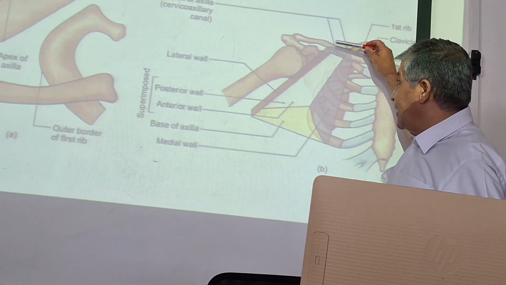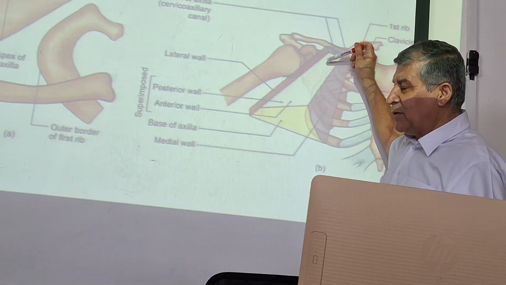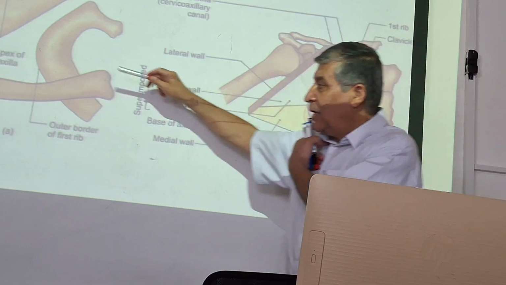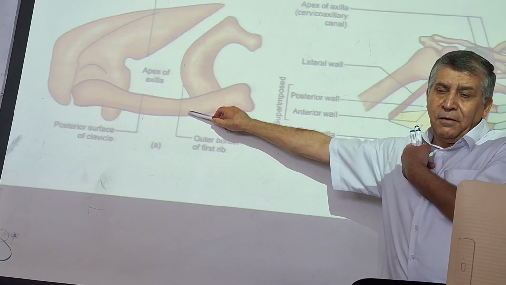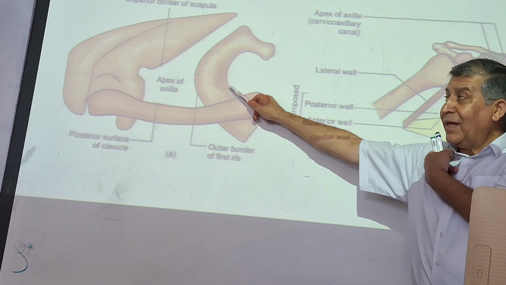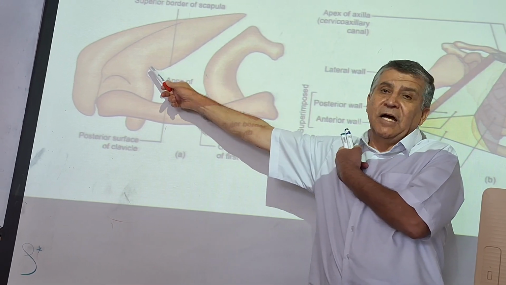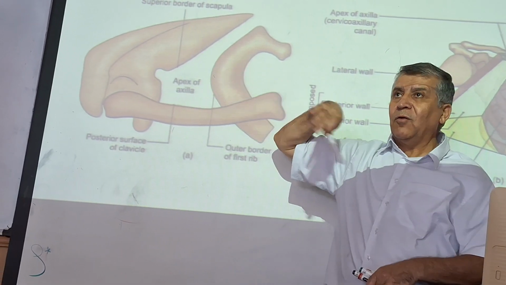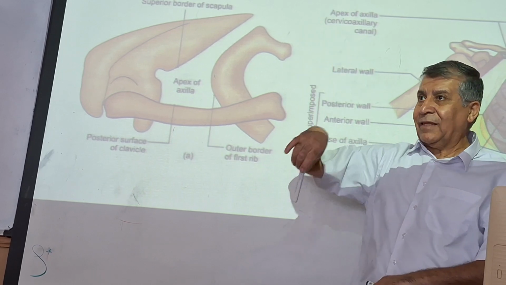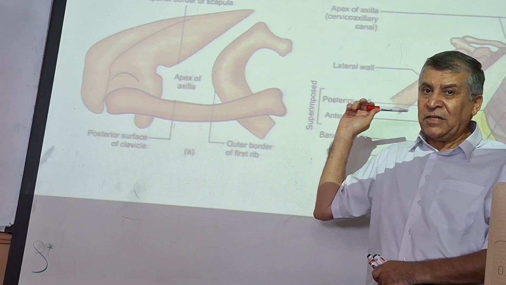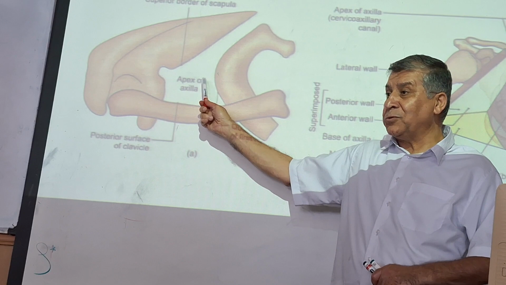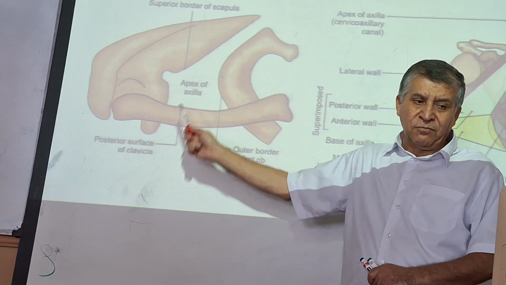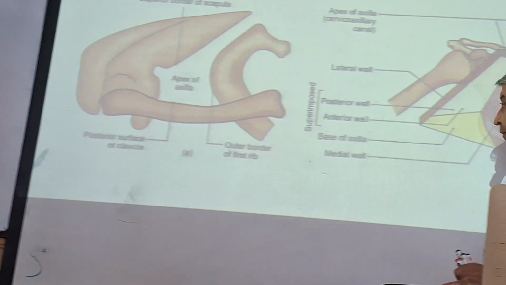This apex is bounded anteriorly by the clavicle, medially by the first rib, laterally by the scapula. All vessels and nerves that enter or exit the axillary fossa must pass through the apex of the axillary fossa. Okay.